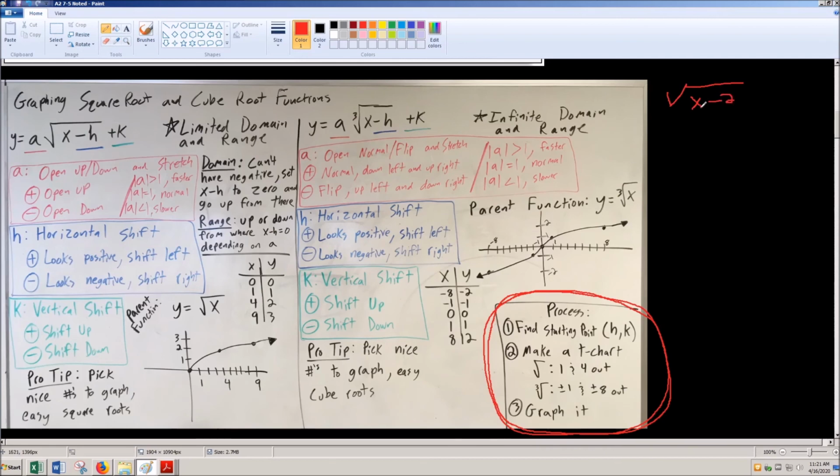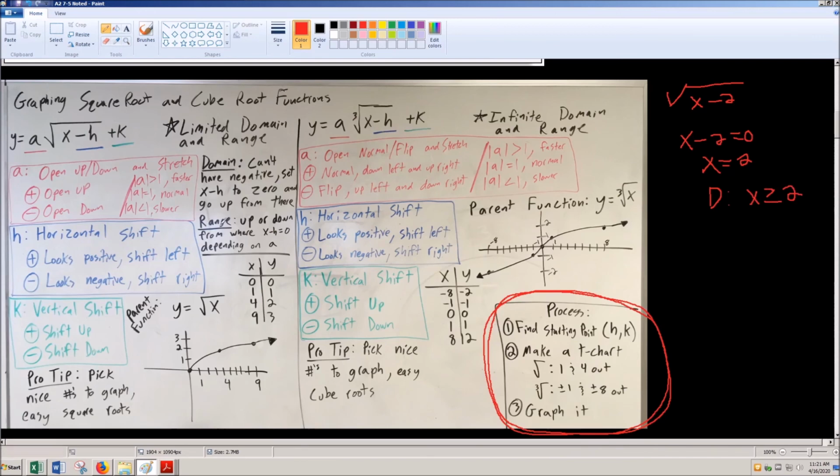I'm going to set x minus 2 equal to 0, and I solve. x equals 2, which is my h value. So I'm saying, okay, this is the lowest value I can have. So from here, my domain is going to be x is greater than or equal to 2. That's how I define my domain for these square root functions.